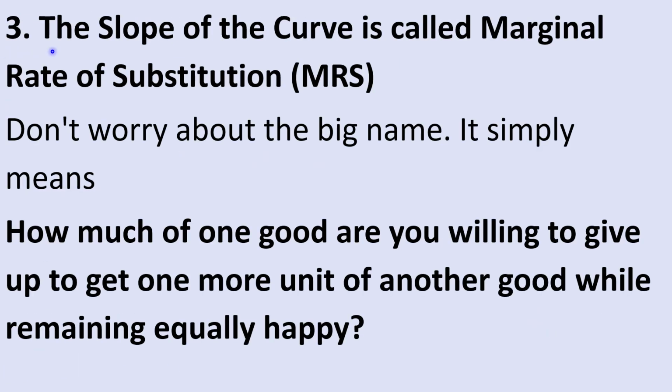Number 3. The slope of the curve is called the marginal rate of substitution. Don't worry about the big name. It simply means how much of one good you are willing to give up to get one more unit of another good while remaining equally happy.